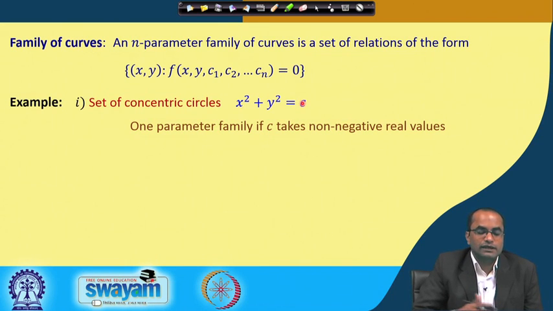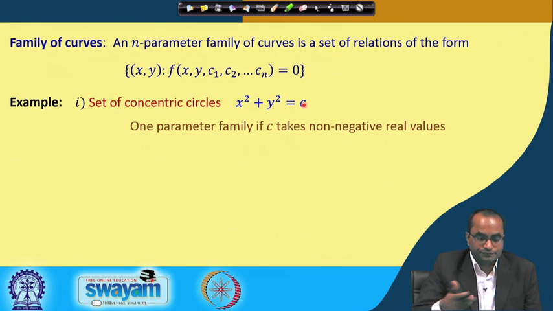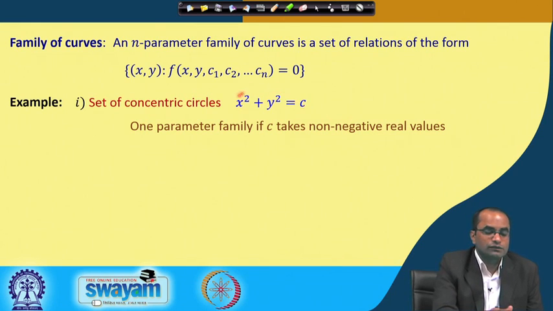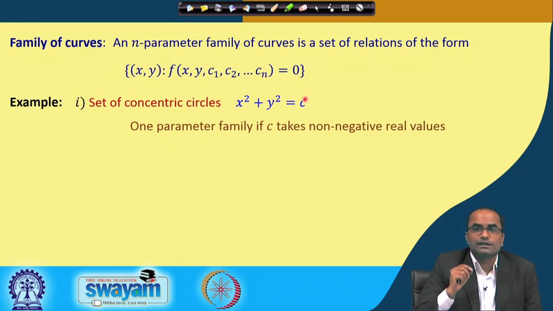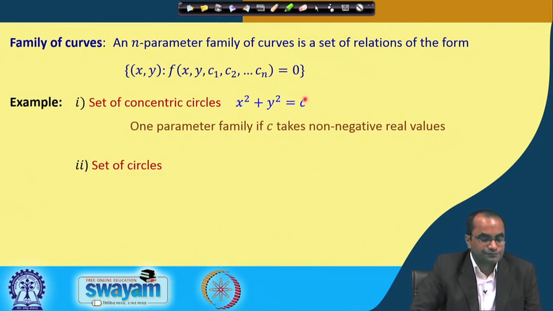For different values of c, these are the equations of circles of the same center. If we keep on changing c, we get circles with the same center and different radius.